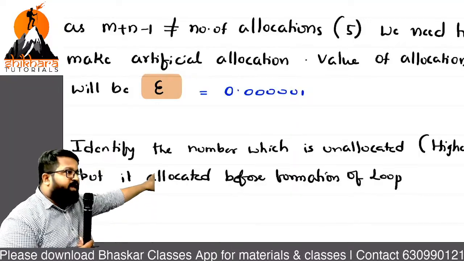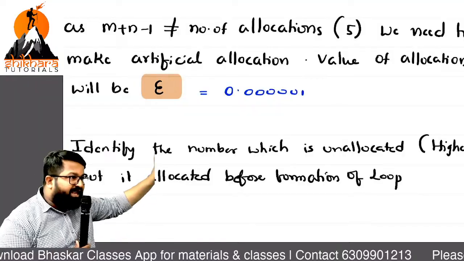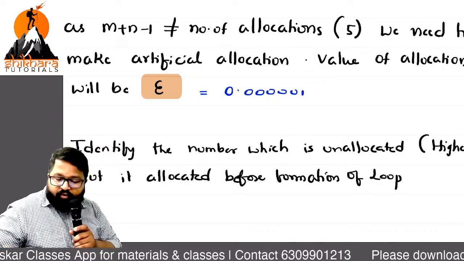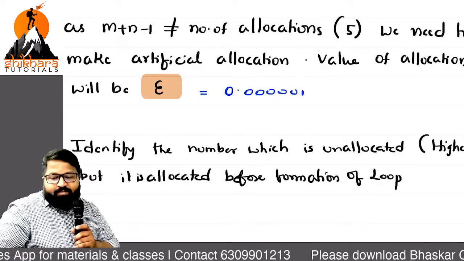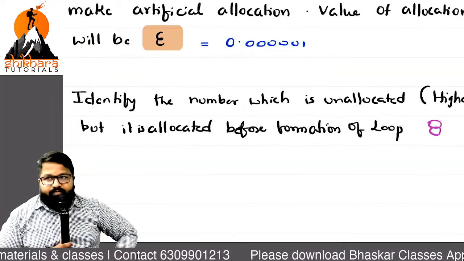That is the highest, but before formation of the loop, it was allocated. What is the number here? The number here is 8.